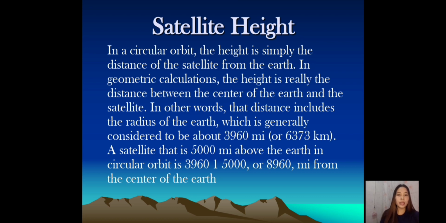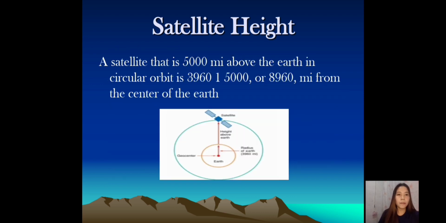A satellite that is 500 miles above the Earth in circular orbit is 3,960 plus 5,000, or 8,960 miles from the center of the Earth. Satellite height.